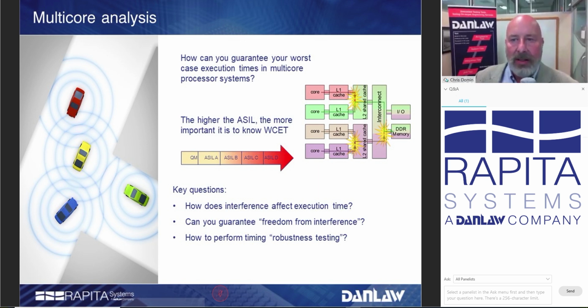So ultimately, especially for higher ASIL applications, software engineers have to determine the worst case execution times for critical functions. And there's three strategies on how you do this. The first strategy is that some folks rely on static software tools that analyze code to estimate the worst case execution time.